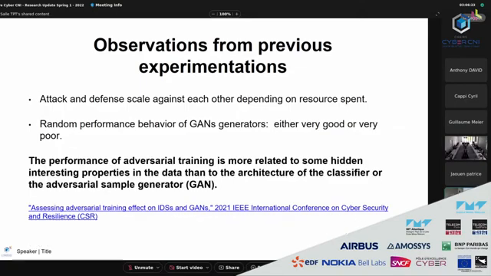So we need to understand this inability to generate such evasion attacks.